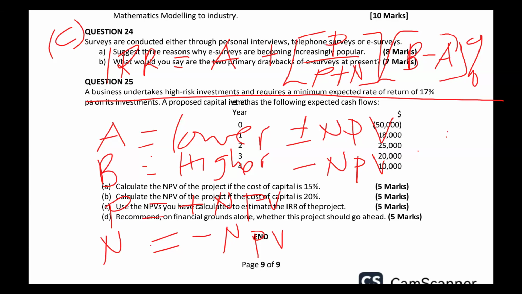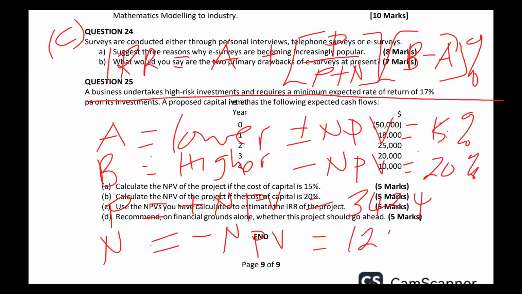Yes, you have understood. So the lower rate is 15%, isn't it? The higher rate, we found 20%. The positive NPV was 34.24, and the negative NPV was 1244.